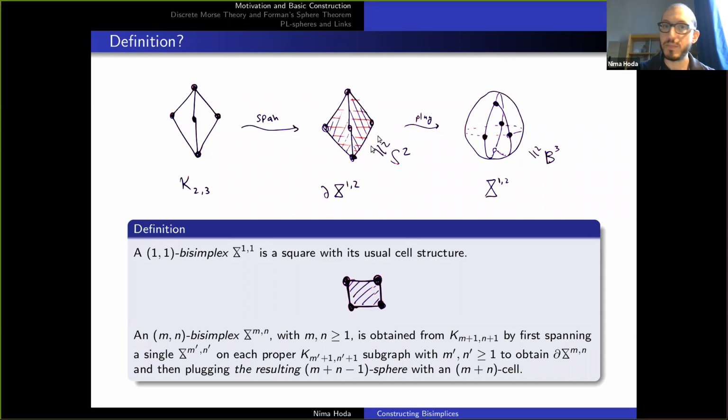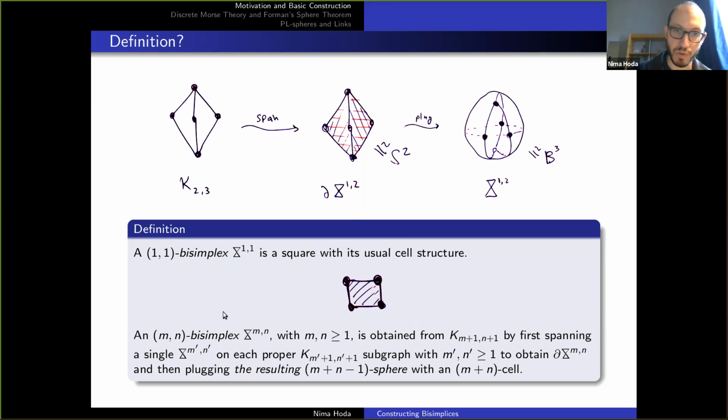That gives us a two-dimensional sphere. We plug that sphere with a three-dimensional cell, and there we go. That's our 1-2 bisimplex. We can continue this idea inductively and define bisimplices in the following way.